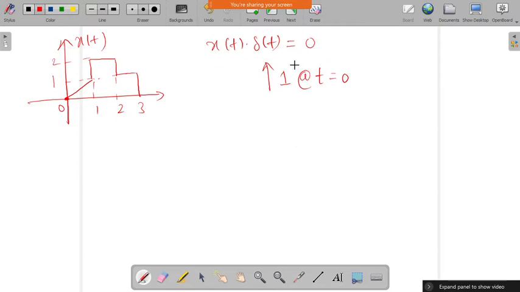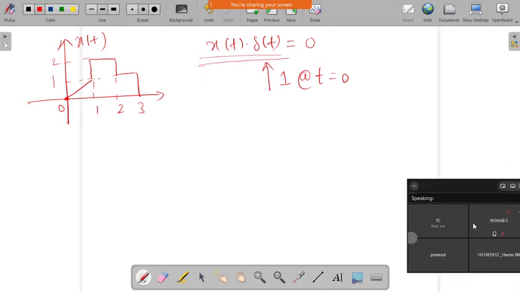Is it understood or not? Not getting, sir. See, x of t is there, and the value of x of t at t equal to 0 is 0, right? The impulse function will be 1 only at t equal to 0, as per del of t.